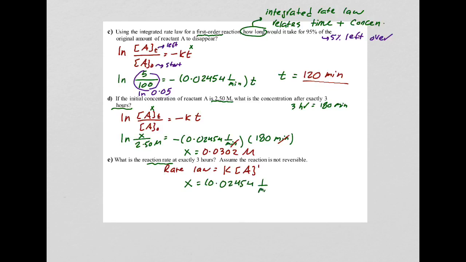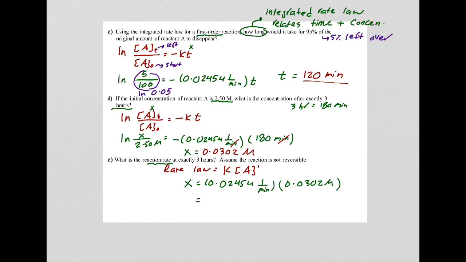0.024541 over minutes. And then you know the concentration of A, because they're asking you the concentration of A at exactly 3 hours. We just found out in the last question what that concentration would be. So times 0.0302 molar. Okay.